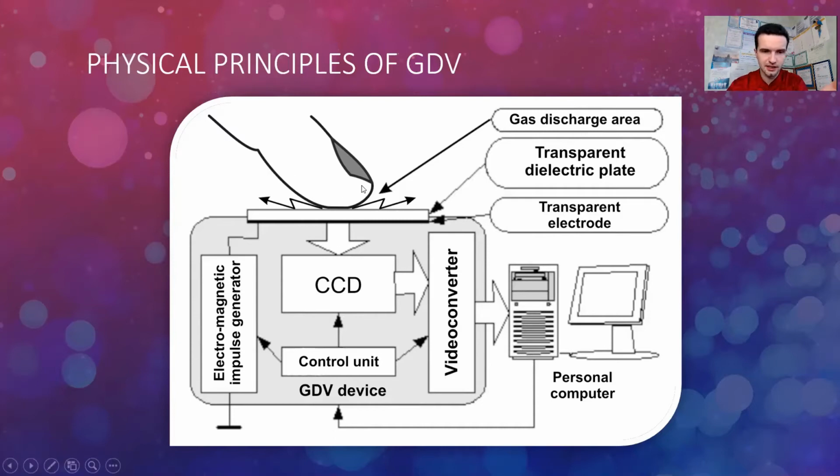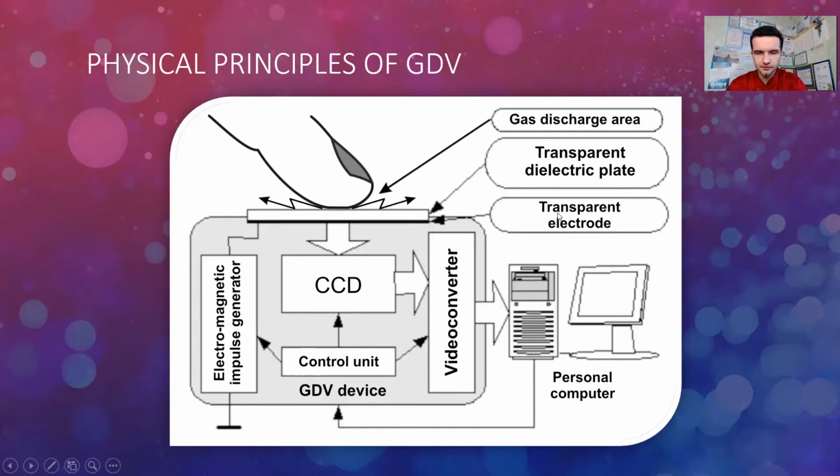In this case, it is a finger, but it can be any other conductive object, a metal cylinder, a calibrator too. There is a glass electrode, this transparent dielectric plate, and on the bottom surface of the dielectric plate, you can see here the black line, it is the transparent electrode.